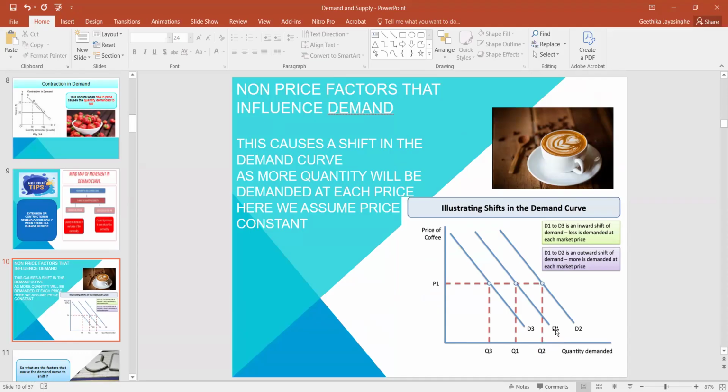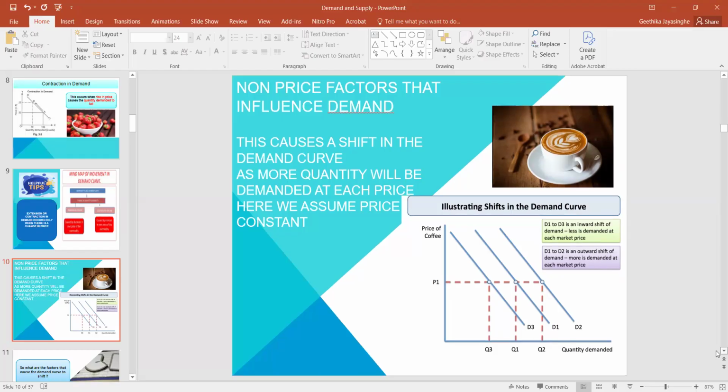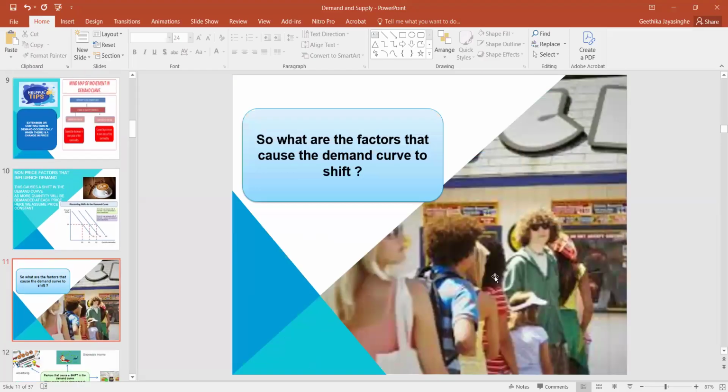So here D1, then D2, D3. So if we talk about the price P1, right? At P1, your quantity demanded is Q3, and at this point it's Q1, it's Q3. You can see at the same price, sometimes less is demanded and sometimes more is demanded, right? It depends on the whole demand curve. Go to the next one, right?